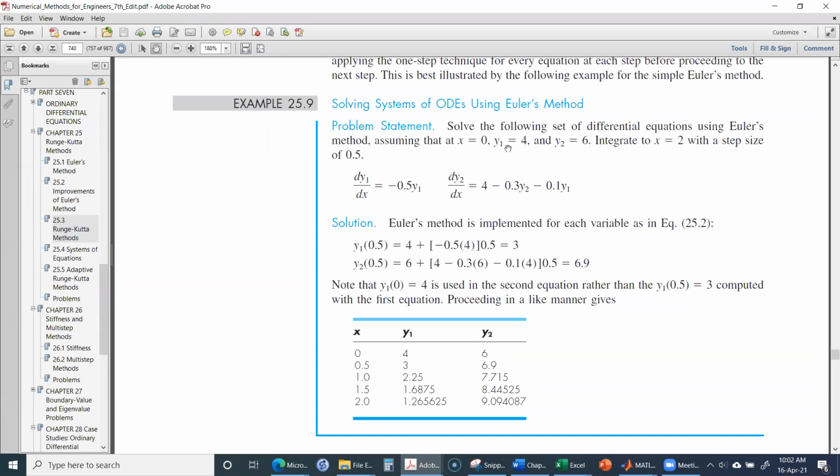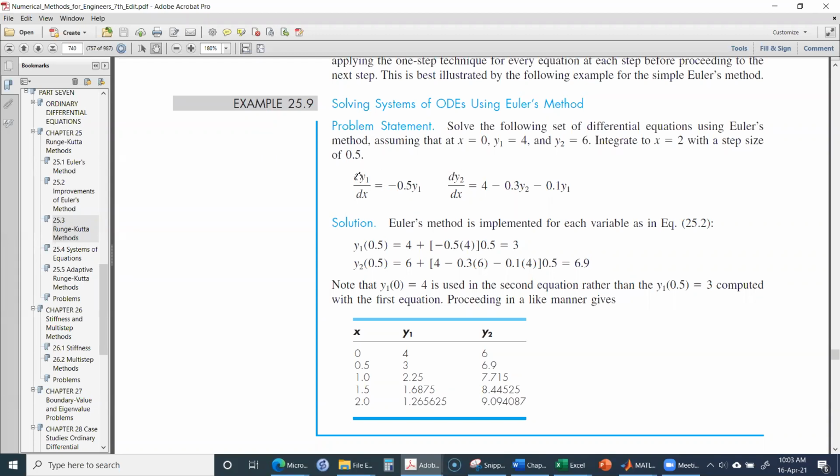So we have two equations in y1 and y2, and their initial values are like that: for x equal to 0, y1 is equal to 4, and y2 is equal to 6. We integrate to x equal to 2, starting from 0, with a step size of 0.5.